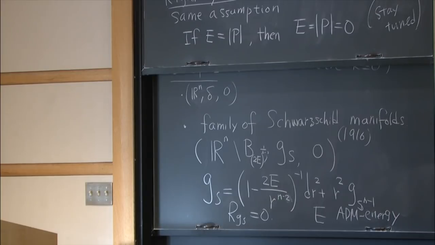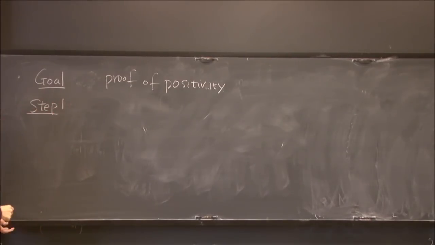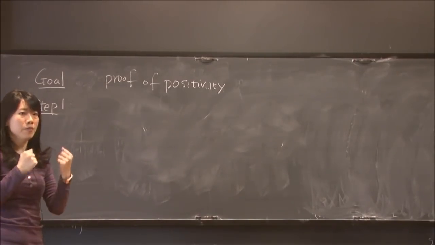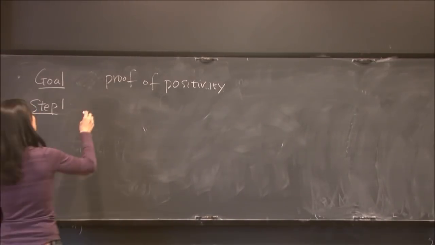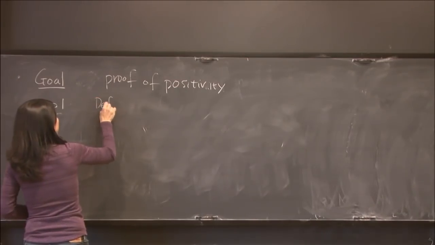Okay. So let me outline the steps, and then we will have a break. So step one is, we don't have positive scalar curvature, but somehow we want to have a positive or strict dominant energy condition. We have a strict inequality. So step 1 is a deformation theorem.